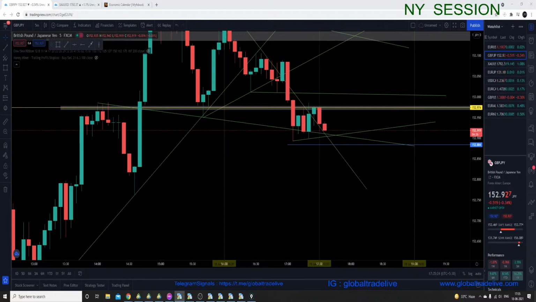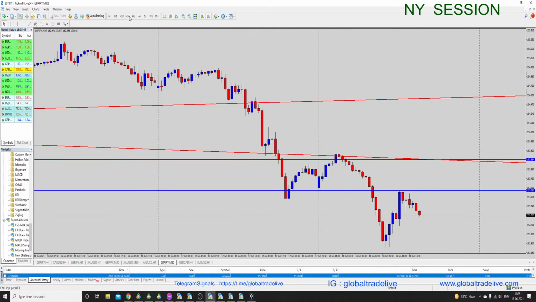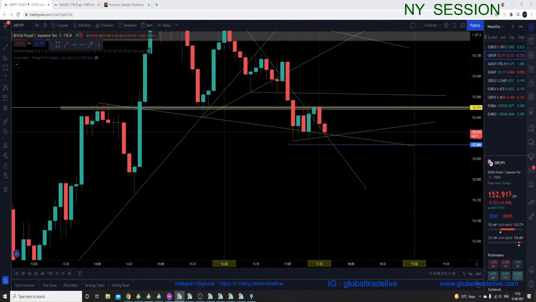I think we will be getting our move in this candle. It's rejecting the area here also.